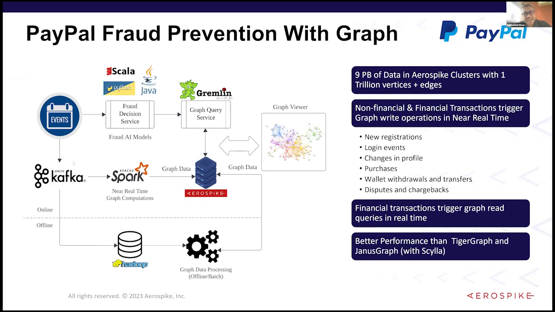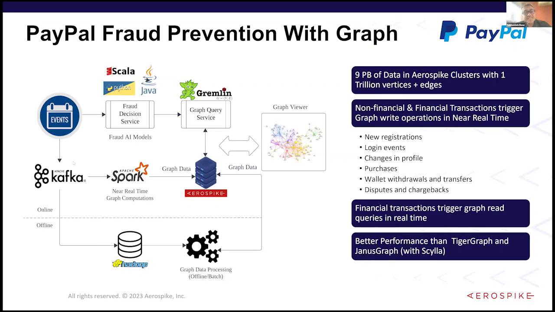So with this setup, over time, PayPal was able to see a very good return on investment. If you look at their fraud metrics, the fraud detection rate jumped to 98% post applying the graph capabilities.